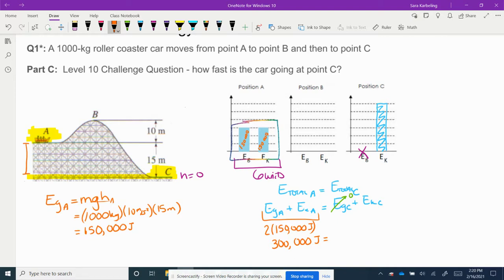Now, at C, we know that that's all kinetic energy, so we can say that it's equal to 1/2 the mass of the roller coaster times the velocity squared. Using that, we can solve for v. The velocity at C is equal to the square root of 2 times that total energy, which was 300,000 joules, divided by the mass, which was 1,000 kilograms.